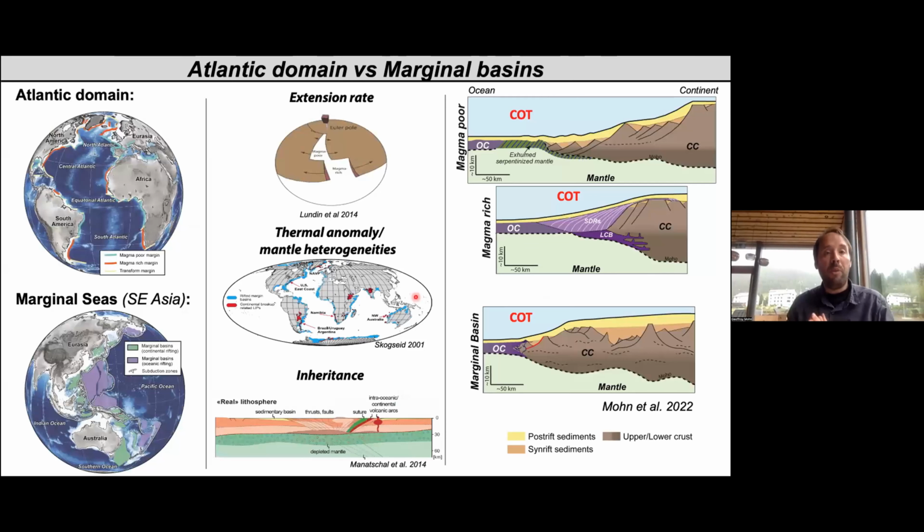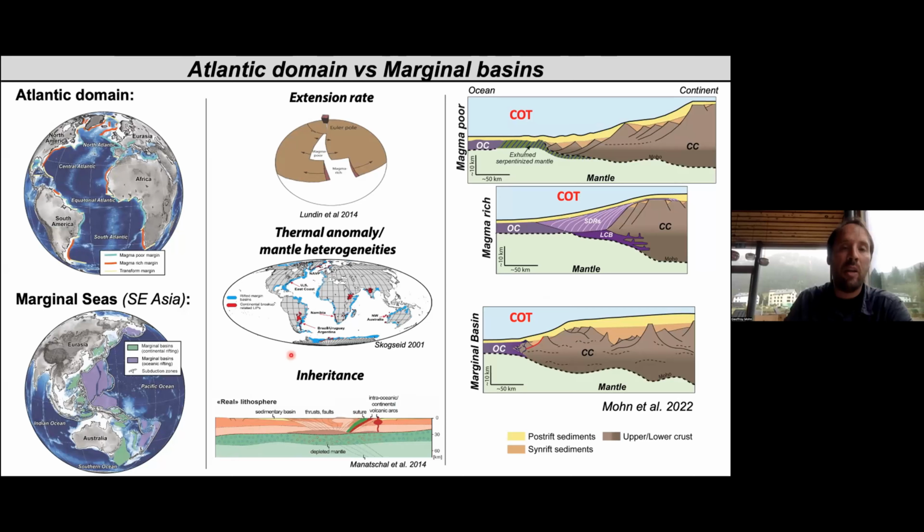So what are, for me, the key parameters? This is always a very tricky and complicated question, and this is a non-exhaustive list, but I think some key parameters are the extension rate. Magma-poor margins, in my opinion, are associated with low extension rates and the breakup of big plates. So you are going slowly, so you are not producing a lot of magma due to conductive cooling.